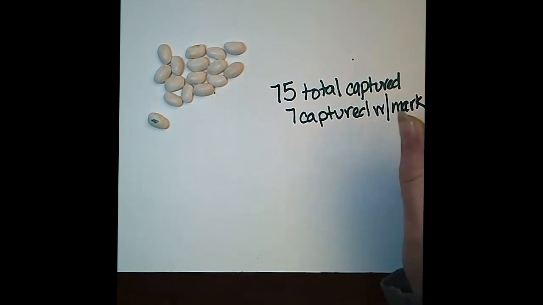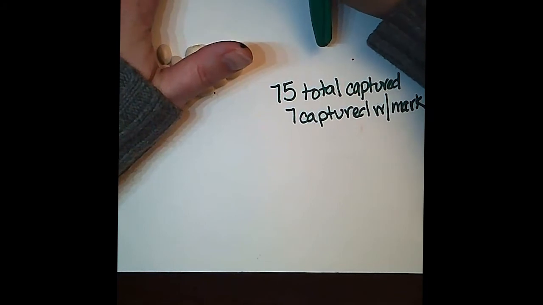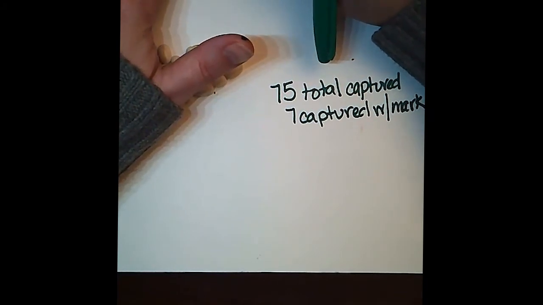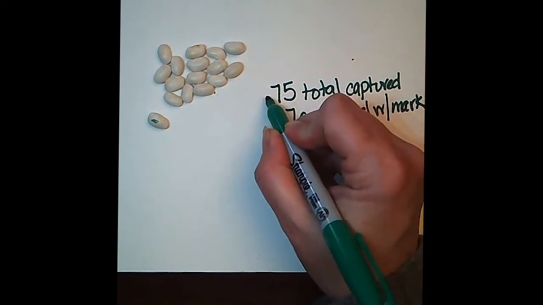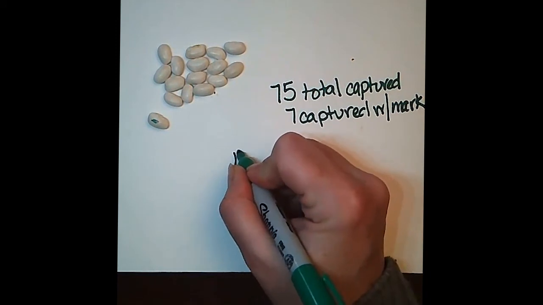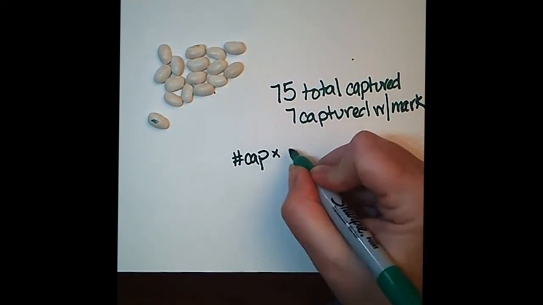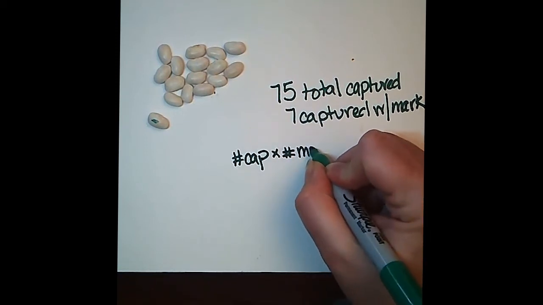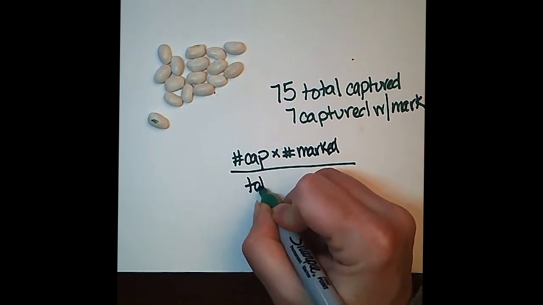All right. So if you look at the bottom of your sheet, you will see that there is a formula where you have to plug this in. So the formula says the number captured, that's this number, times the number marked over the total captured with a mark.